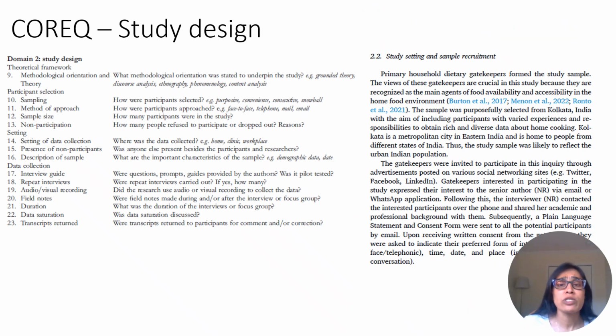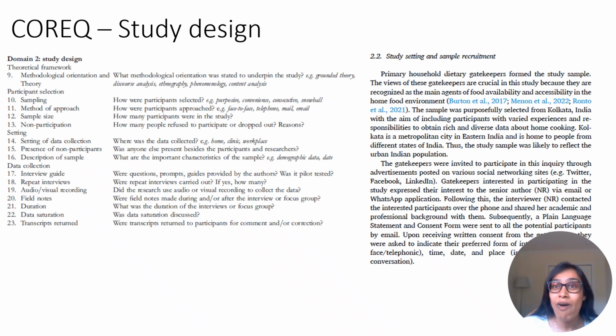To the next section, I'll be talking about both study setting and participant selection. If you can look here, under participant selection, we have sampling, that is, how were participants selected: purposive, convenience, consecutive, snowballing. Important, in qualitative research we can use deliberate sampling techniques, that is, non-probability sampling techniques: convenience, snowballing, purposive.